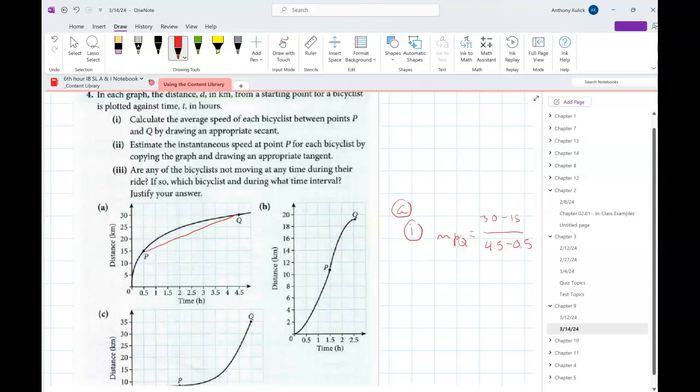Is everybody okay there? Super easy, right? When we talk about average rates of change, all we're talking about is calculating a slope.